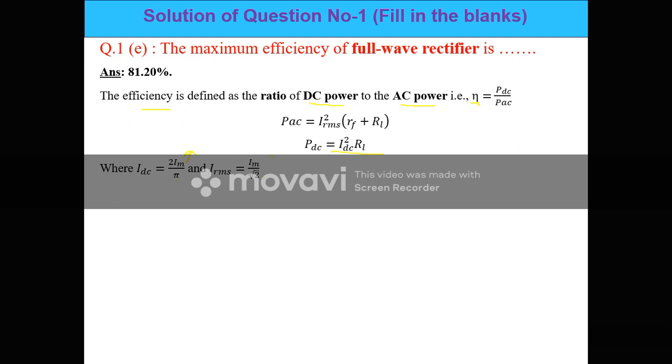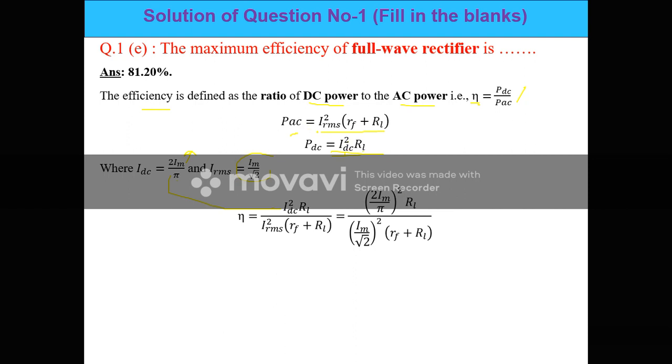Now substitute all these values in these equations. We write PDC equal to IDC square into RL, and PAC equal to I RMS square into (RF plus RL). Substituting, IDC is 2 Im by pi, whole square, into RL.